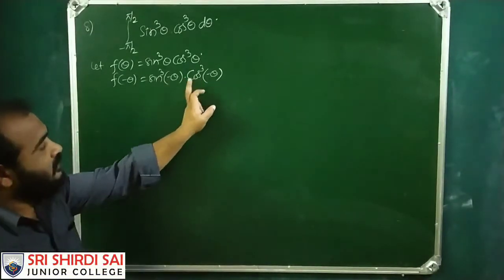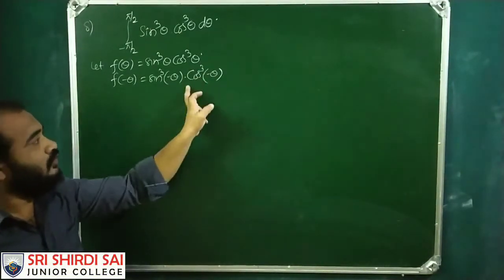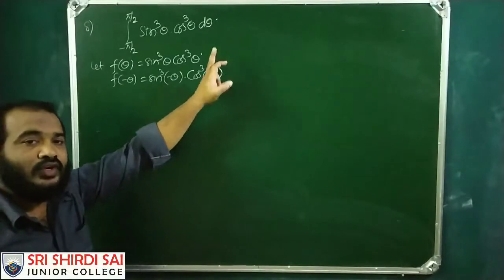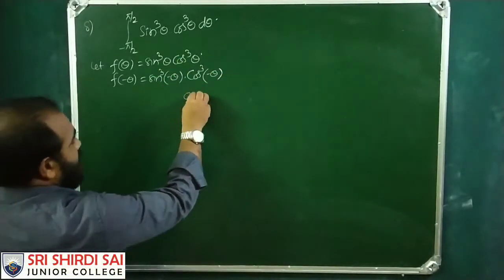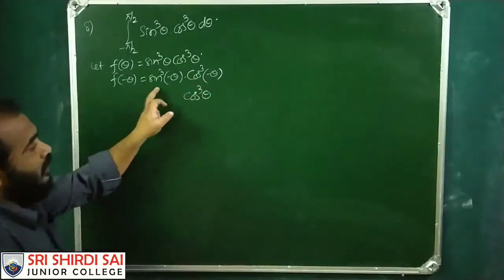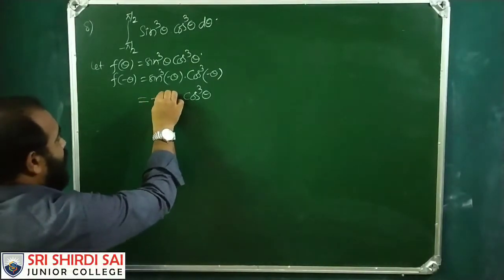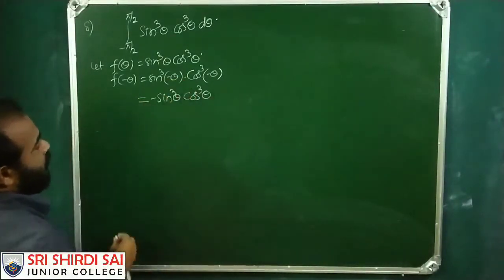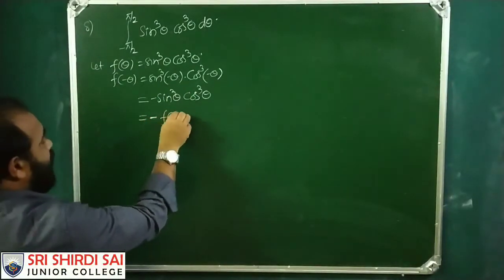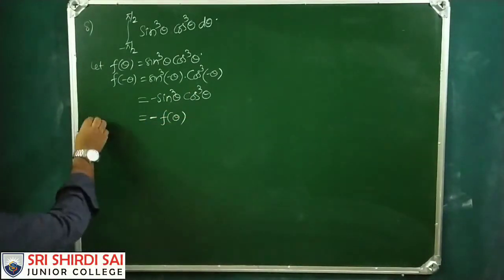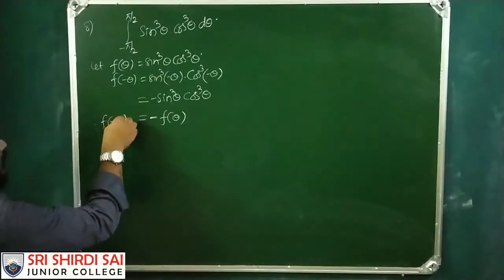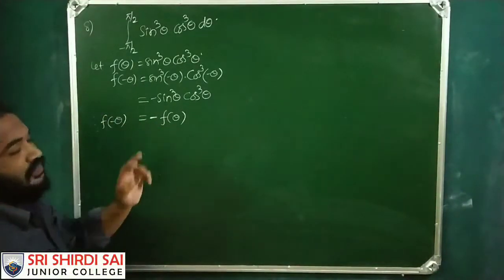Cos cube minus theta is cos minus theta whole cube. Cos minus theta is plus cos theta, whole cube is cos cube theta, into sin minus theta is minus sin theta whole cube. This is equal to minus sin cube theta cos cube theta. So this is minus f of theta I got. Therefore f of minus theta is minus f of theta we got.